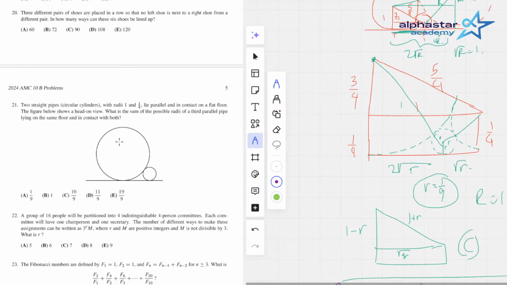I don't think so, because unless there's something really dumb, I don't think this is possible. I assume in contact means the pipes are considered to be infinitely long, so it just reduces down to the 2D case. Otherwise, there's a really strange thing going on here.